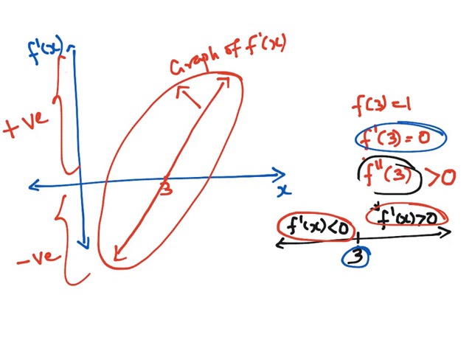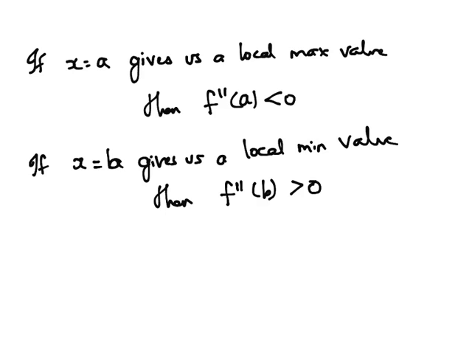So let us summarize what we have learned in this video till now. If x equal to a is a stationary point, and if it gives us a local maximum value, then f double dash of a will always be negative, provided the second derivative exists.